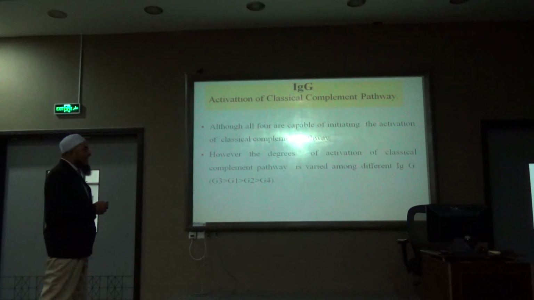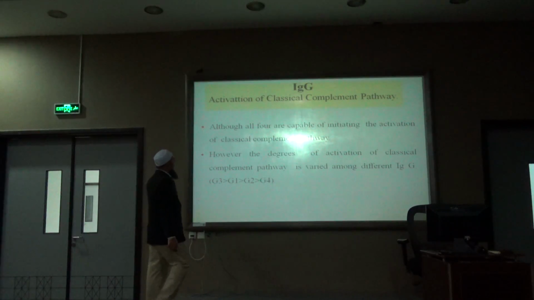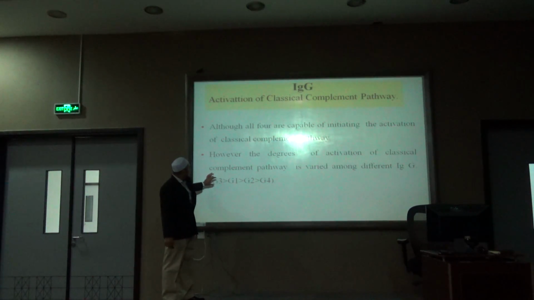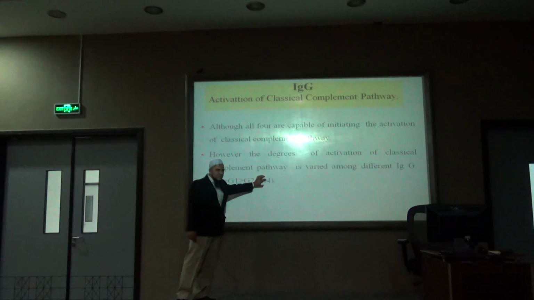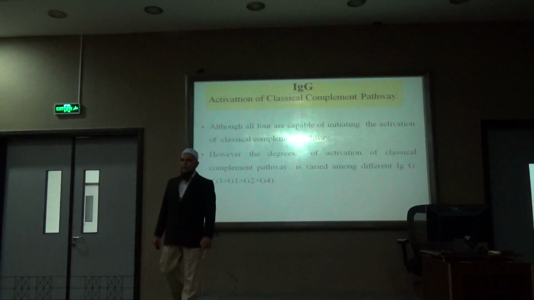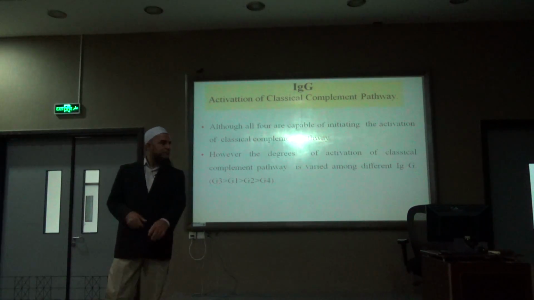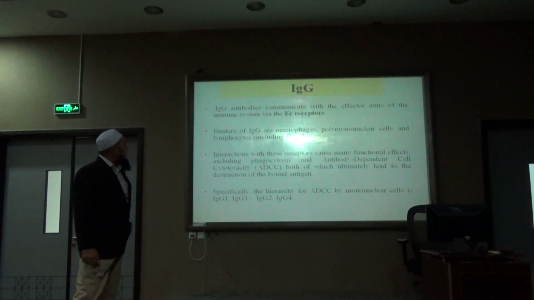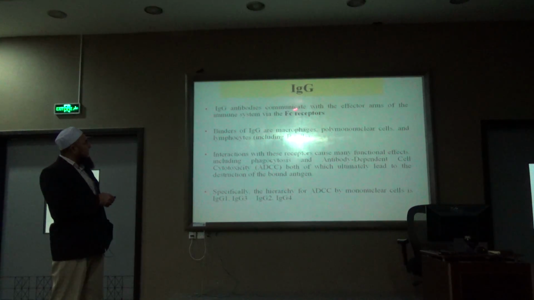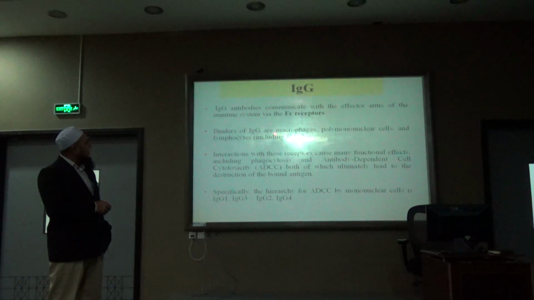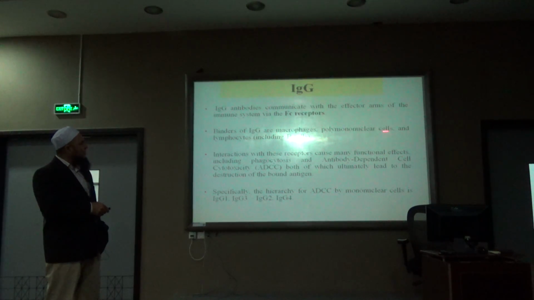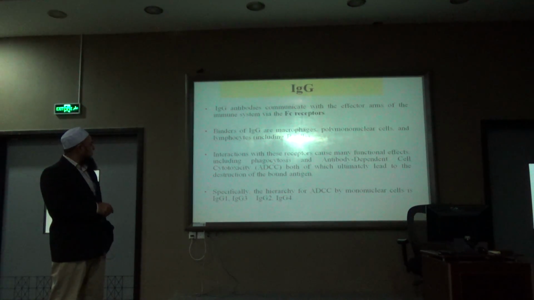So if you see the complement pathway action, IgG3 has more action than IgG1, and it has more action than IgG2, and IgG2 has more action than IgG4. Clear? Depending upon their capacity. IgG has Fc receptors and they bind with the complement. So they bind the immunoglobulin and macrophages, polymorphs and lymphocytes.